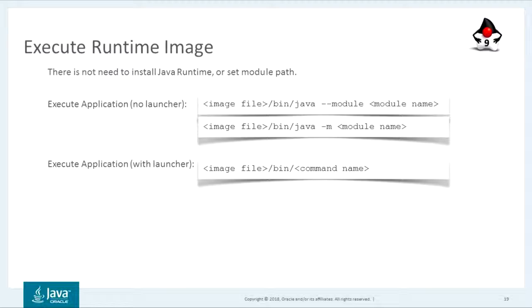But you don't need a Java runtime in the launcher style image. Notice, no launcher, you use Java runtime on a client. With launcher, essentially the Java runtime is packed inside the module, so you just execute it from command line without having to pre-install the Java runtime on the client as such. So that's a possibility now.